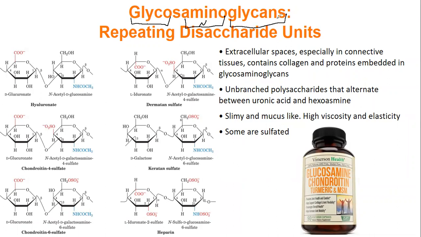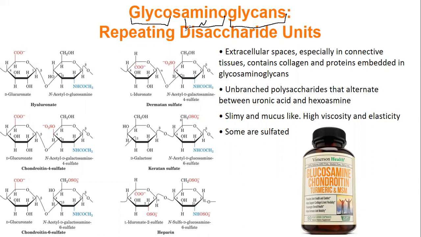Glycans means sugar. So these are glucose with amino substitutions that are forming sugar units. And these long polysaccharides, these glycosaminoglycans, come in repeating disaccharide units.